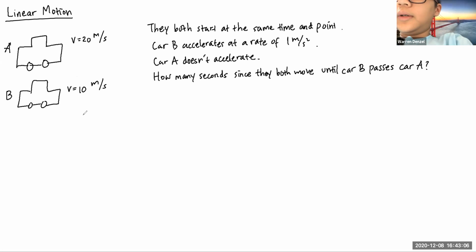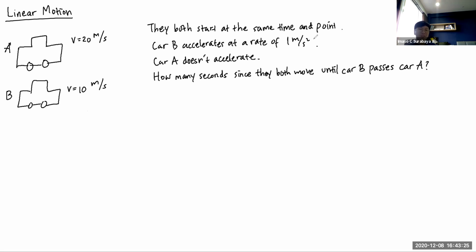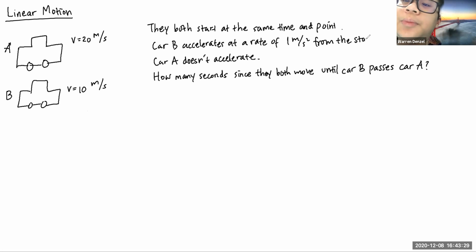Car B accelerates at 1. When car B first moves forward at the first second, it accelerates already, right? Yeah, acceleration from the start. So from the start, it's like 11 meters per second already, right? No, start is 10 and then accelerating.